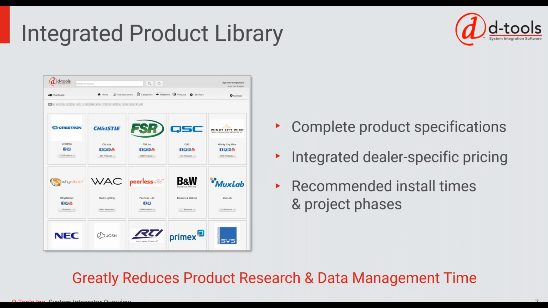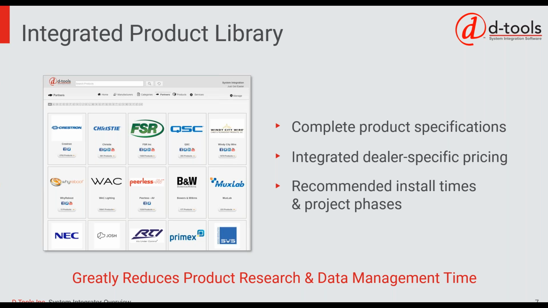Now, as far as some advantages to the system, I would say one key advantage to the D-Tools platform is our product library. We've got an extensive database, with well over 2,000 brands represented inside of our library. We've also got a really nice partnership with currently about 180 vendors.